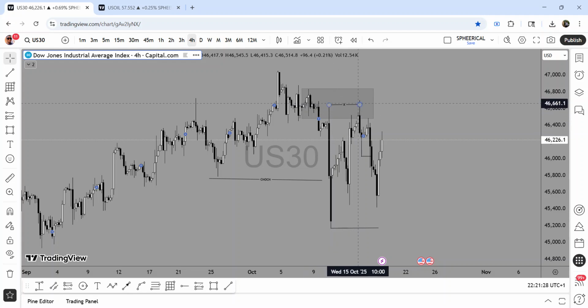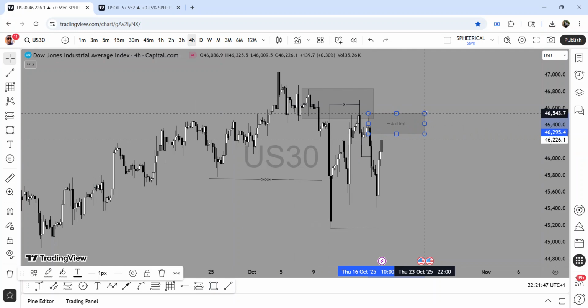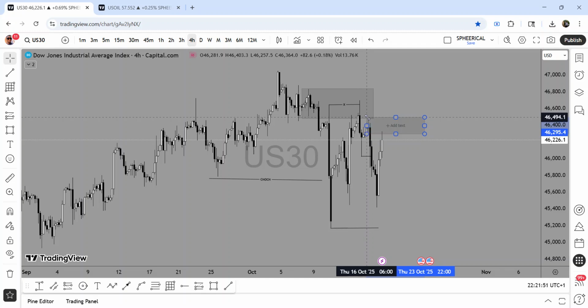So it sweeps it, it comes up, it comes down here, it moves up to this point, it broke structure and it left the supply zone. And that supply zone is our POI, where the market will be reversing from. You can see it, and the market has entered into it.